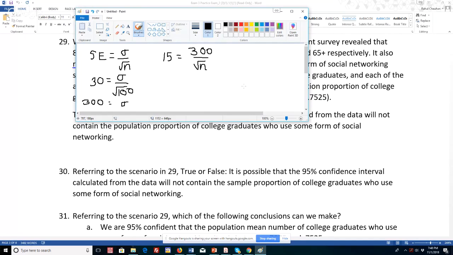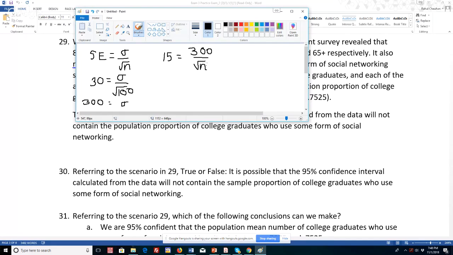What other questions do you guys have? Oh, how to solve for n? I can do that. Sorry about that. I kind of just stopped here.